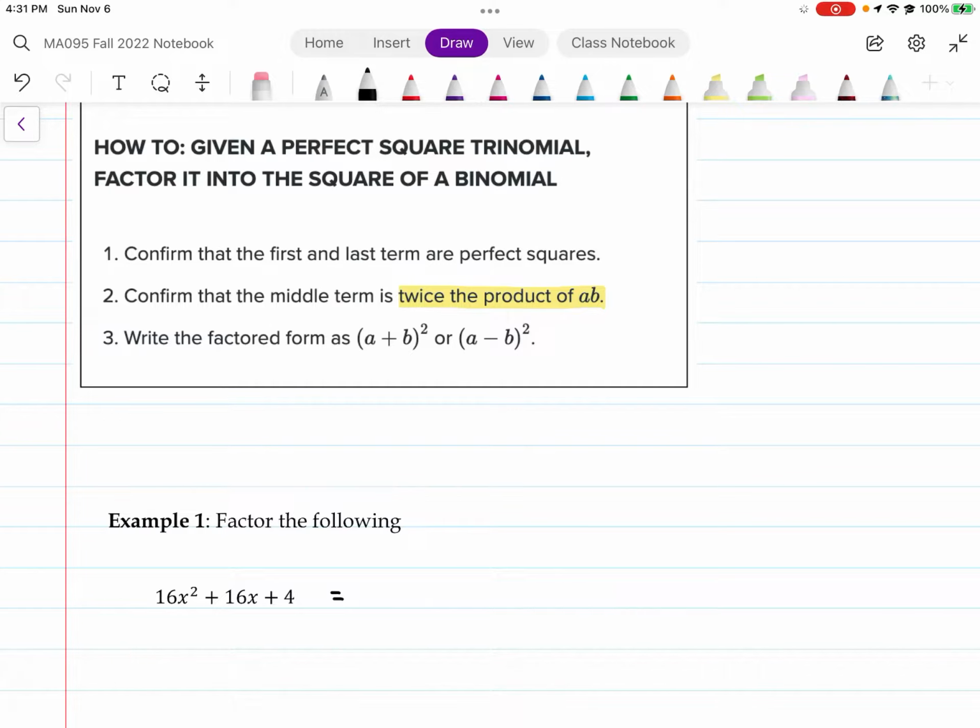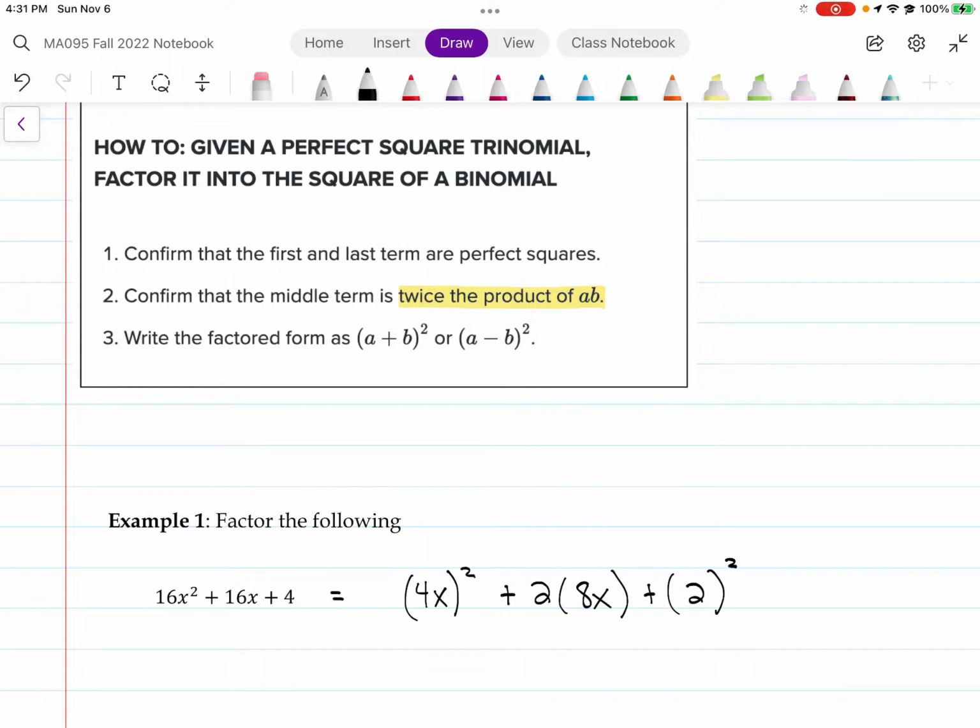So 16x squared means we've got 4x, and that has been squared. And then we've got 2 times 8x, and we've got 2 squared.